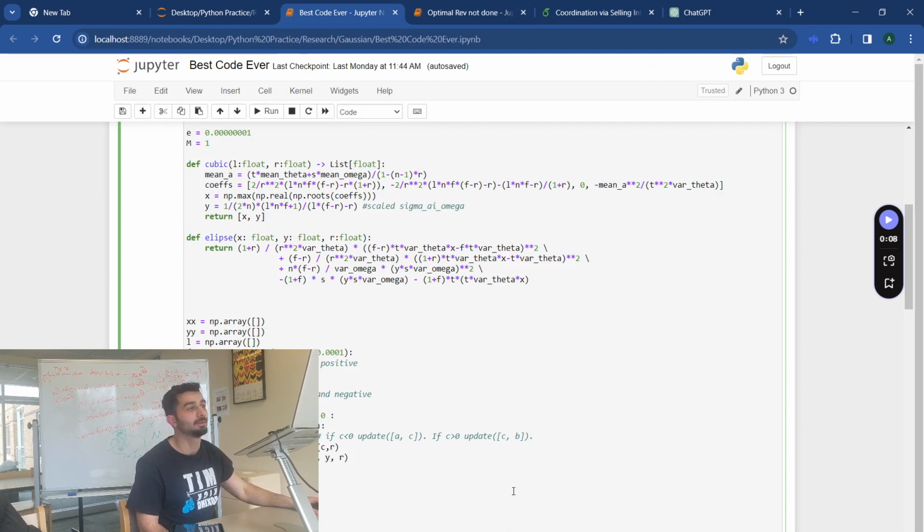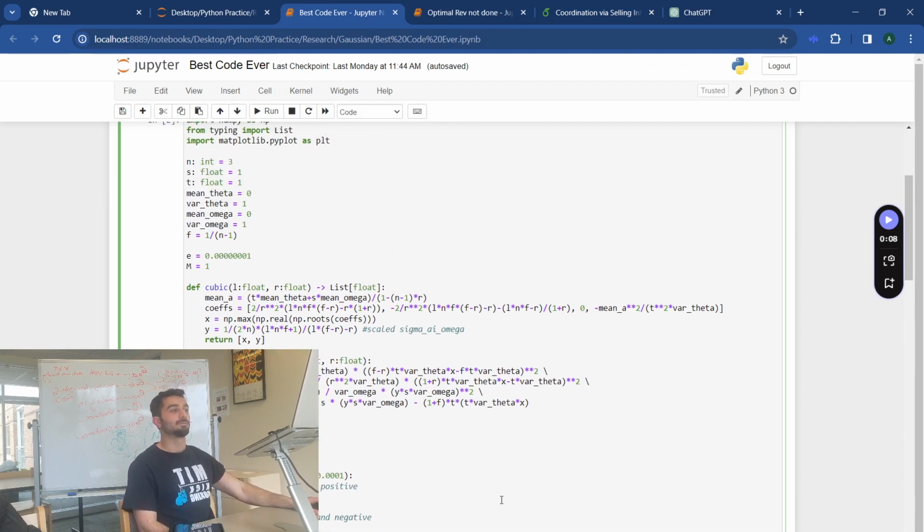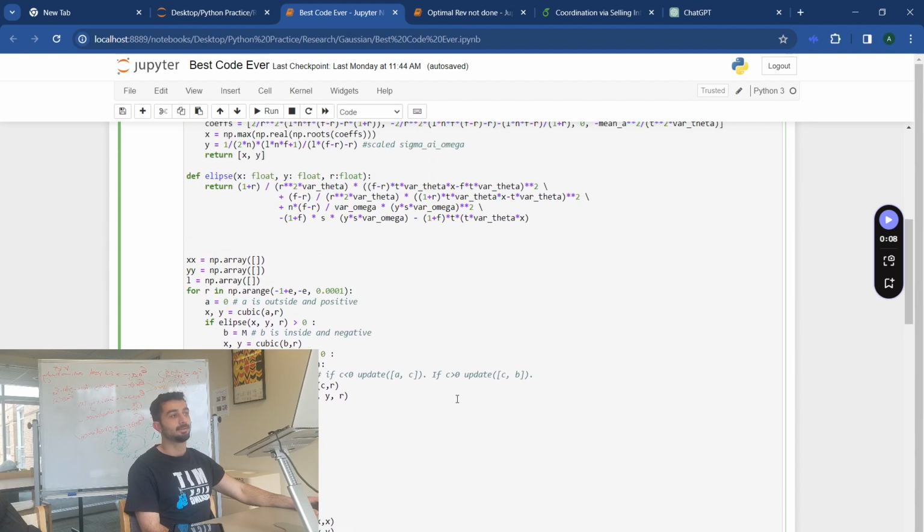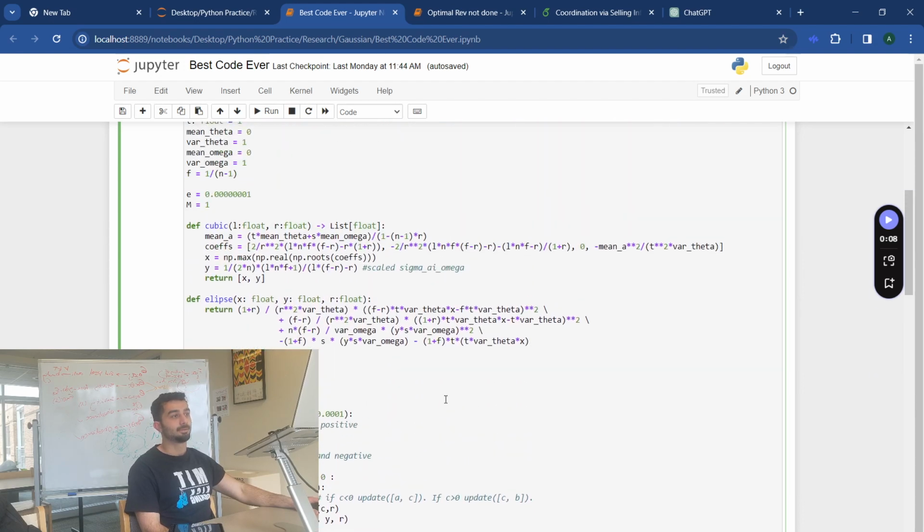Best code ever. In the best code ever, we have checked, except for r minus 1, if it is an interior point, right?